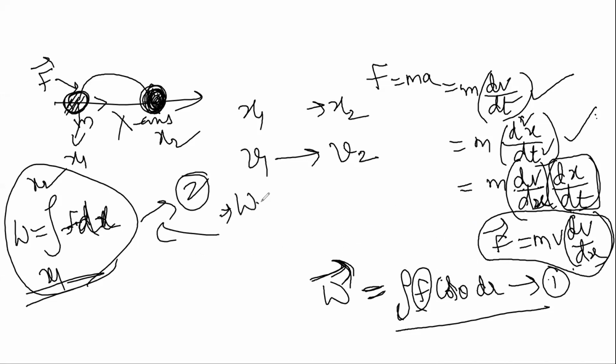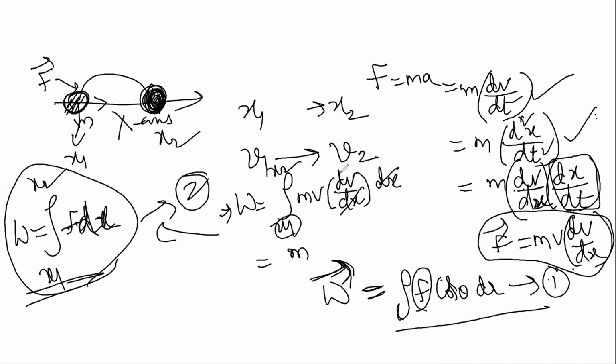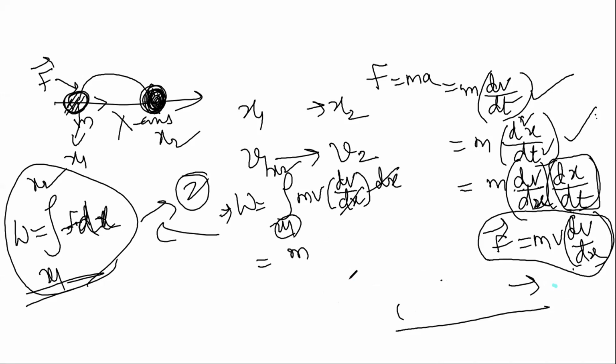What I'll get is W equal to integral from x1 to x2 of mv dv by dx into dx. At x1 the velocity is v1 and at x2 the velocity is v2, so dx cancels. I get m into integral from v1 to v2 of v dv.